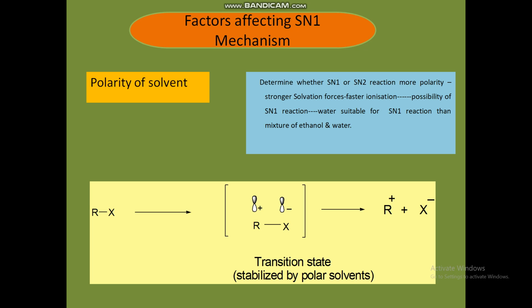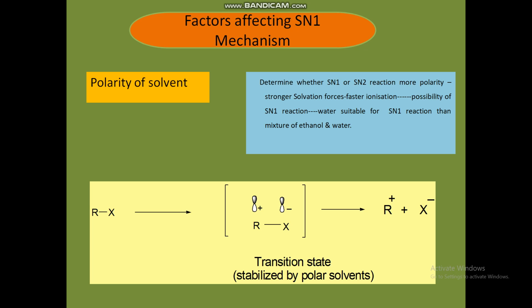Why? Because for the ionization of alkyl halide, more energy is needed to reach the transition state. This energy is supplied by the formation of dipole bonds between the solvent and the polar transition state.